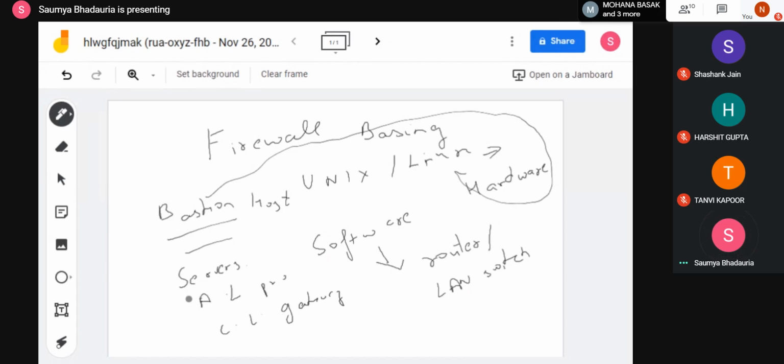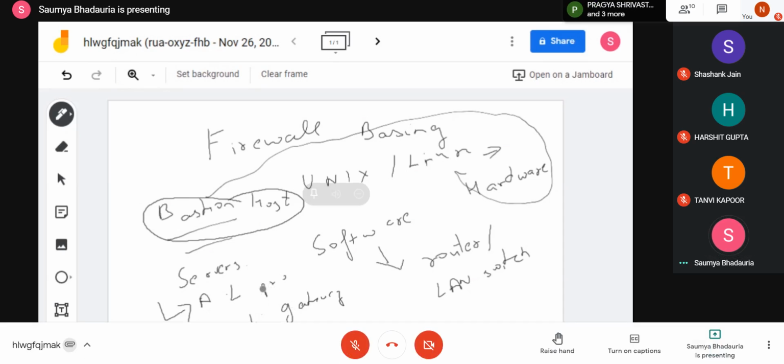So if I say it again, when you're considering a bastion host, the firewalls which would normally be implemented are ALP, that is application level proxy or application level gateway, and the second one is circuit level gateway. So it provides a platform for both of these systems.